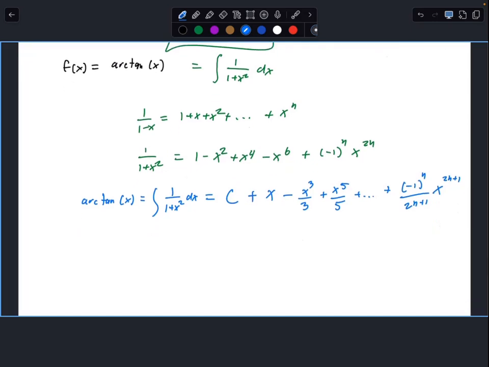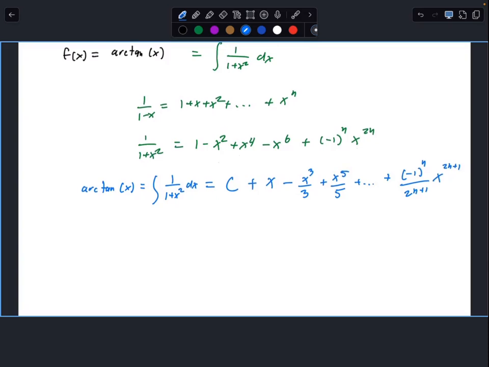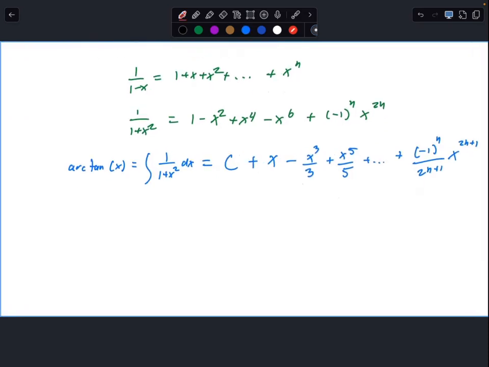How do I figure out what the constant is? The constant is just equal to the first term, arctan of 0, which is 0. Tangent of 0 is 0. Tangent of pi over 4 would give you 1.